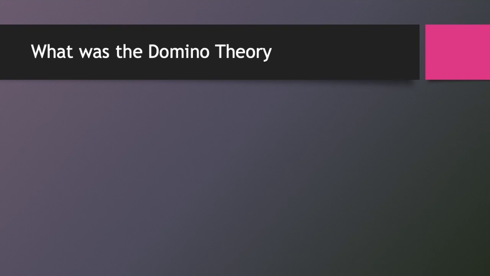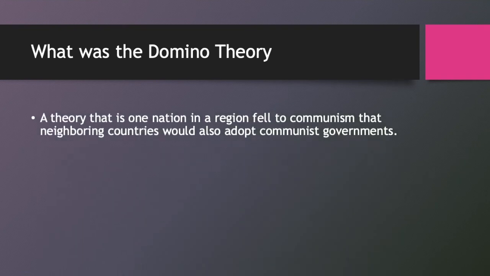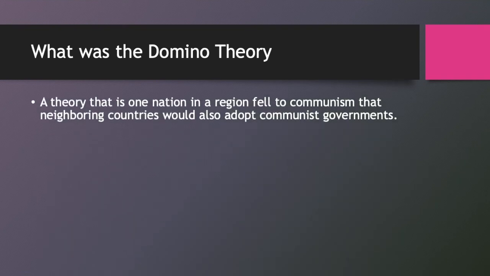Okay, so what was the domino theory? Well, domino theory, as we understand it, is the theory that if one nation in a region fell to communism, their neighboring countries would also start to adopt communist governments. Now, I know some people would think that's a little far-fetched, but you have to understand, remember when we talked about communism in general, usually they are aggressive in nature.